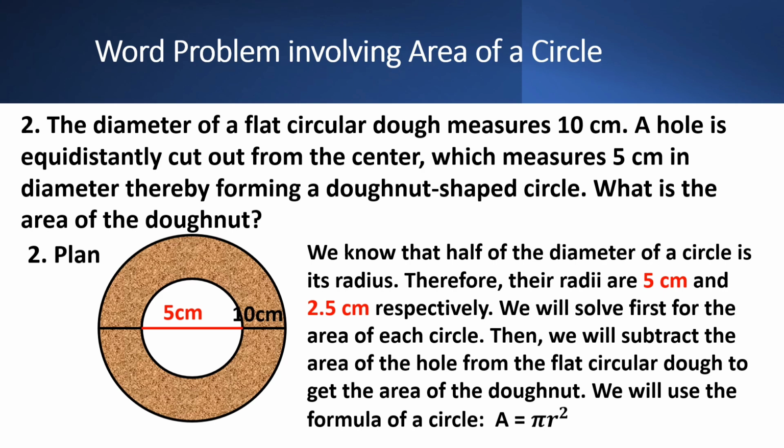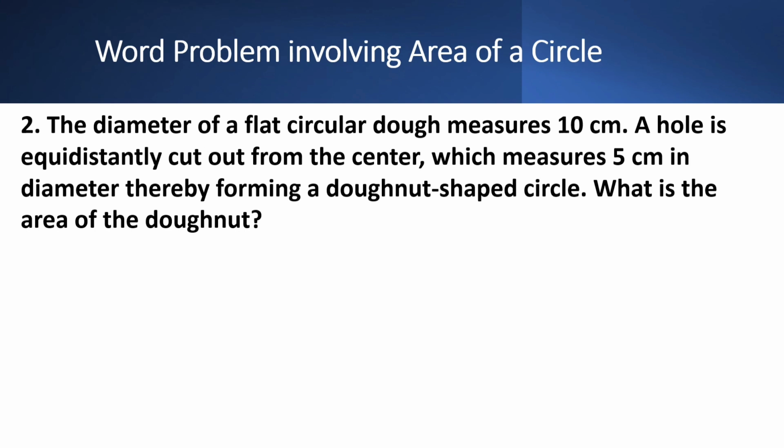Step 3. Yung importante. Solve and check. So napagplanuhan natin kanina na yung malaking circular dough, isolve natin yung area, tapos ibawas natin yung area doon sa binutas. So, ang equation natin ay parang ganito.